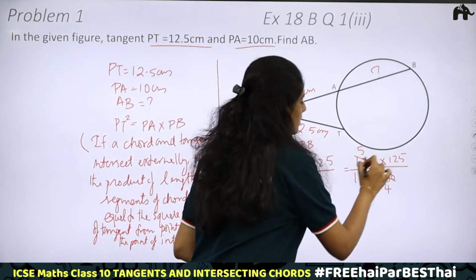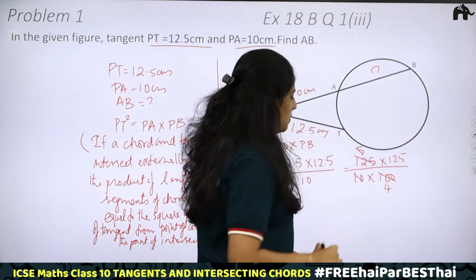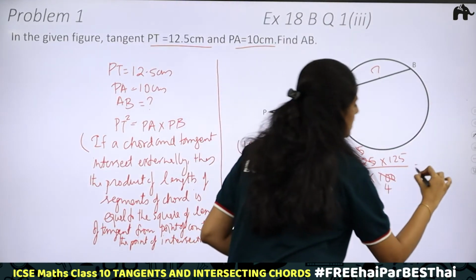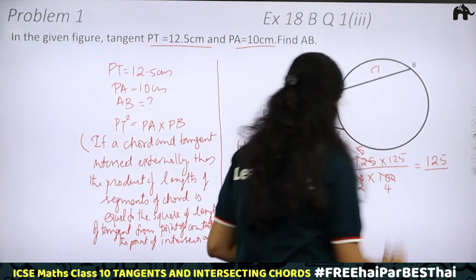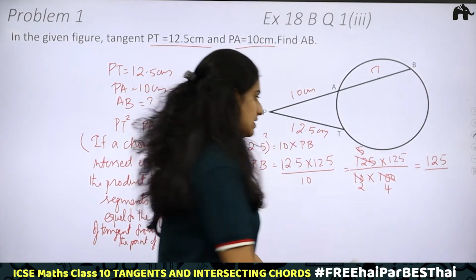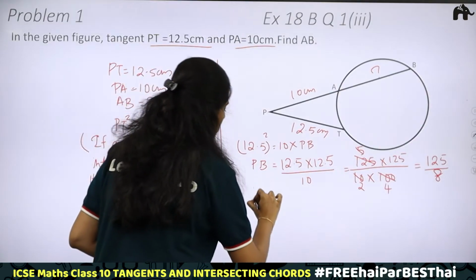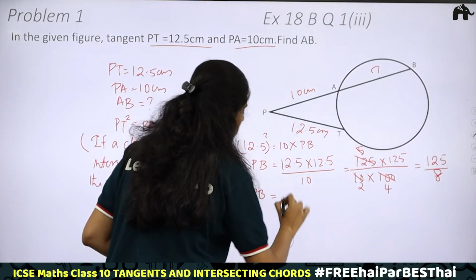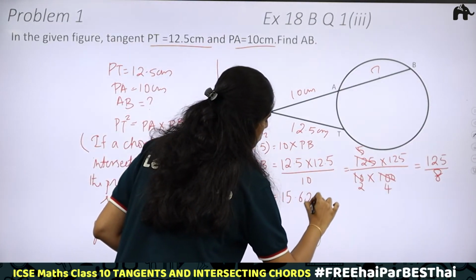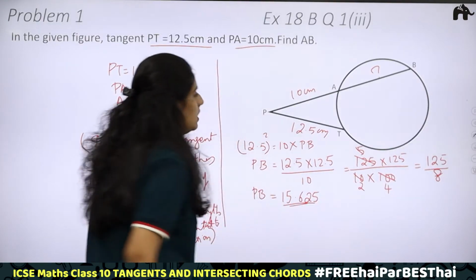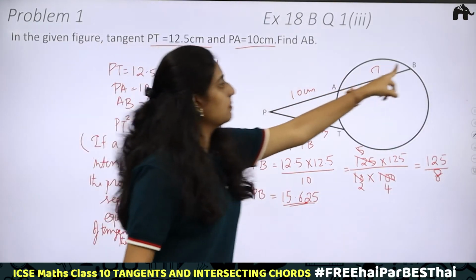Then this 5 and 10 can be cancelled. We'll be getting 2. That is 125 divided by 2 into 4 is 8. So 125 divided by 8. When you do this, you will be getting PB is equal to 15.625. 15.625 is the length PB.